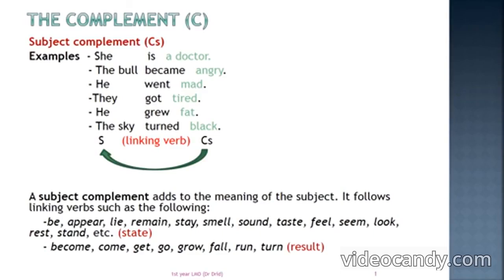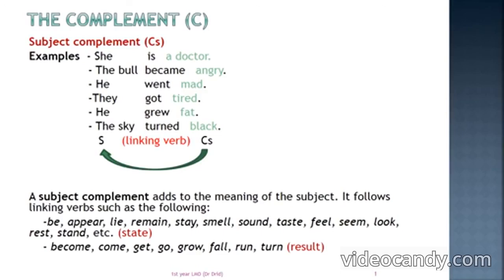All of them express a state. For example, I say, he seems happy. She looks angry today. They express a state.